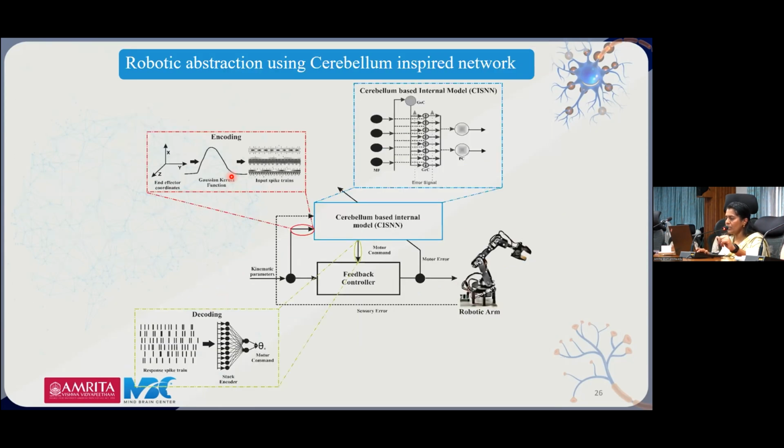So we couldn't count storage capacity as a measure for the granule cell, but we tried it for the Purkinje cell. So now the components were ready, and the next step was to come up with the detailed abstraction model, where an encoding scheme, a cerebellum-inspired neural network, as well as a decoding scheme was administered, and from there we could come up with a trajectory plan.